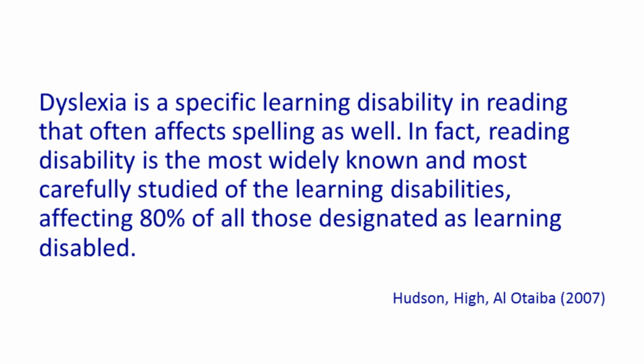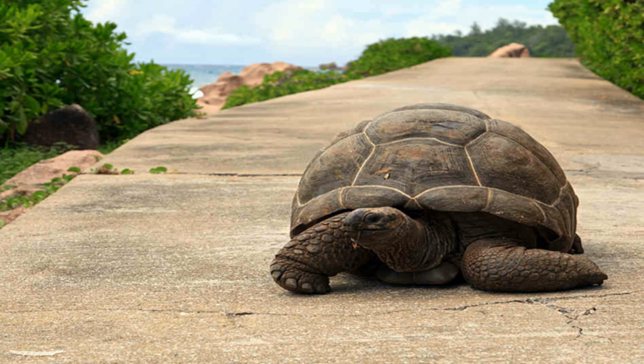If you're able to accurately and automatically recognize letter-sound correspondences and common letter patterns, reading text is a much easier task. Because dyslexia is characterized by difficulties with accurate and/or automatic word recognition, decoding becomes slow and laborious.